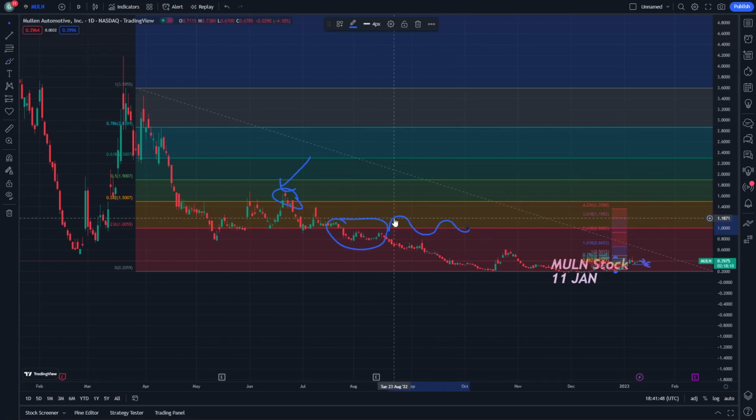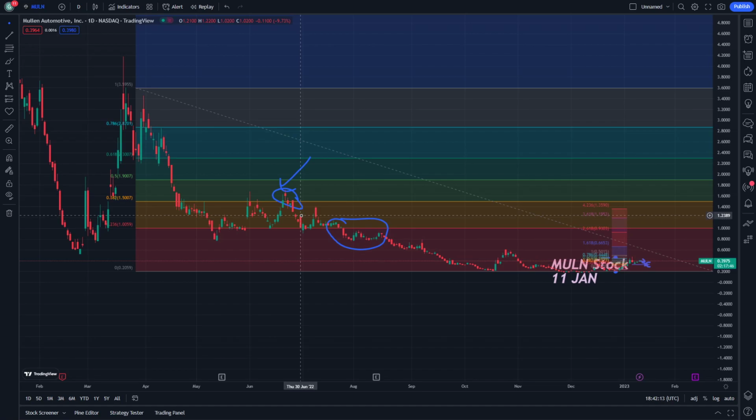So I think if we check that it is basing through this trend line here, and it went to this area, it made an increase in momentum, and that is the thing I could notice in every part we can see on Mullen stock.